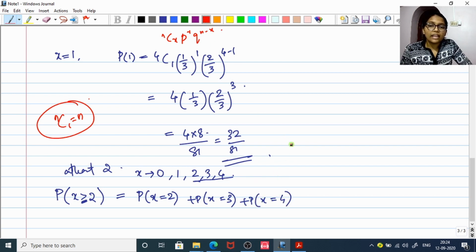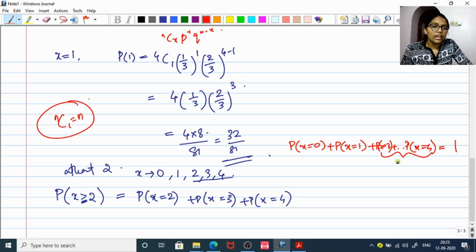Or you can even have, see, total probability is equal to 1, which means P of x equal to 0 plus P of x equal to 1 till P of x equal to 4 is equal to 1. And you need to get the values starting from P of x equal to 2. We are known with the values of P of x equal to 0 and P of x equal to 1.